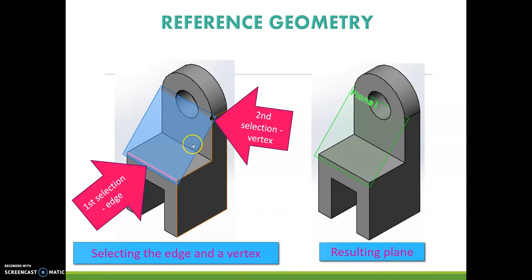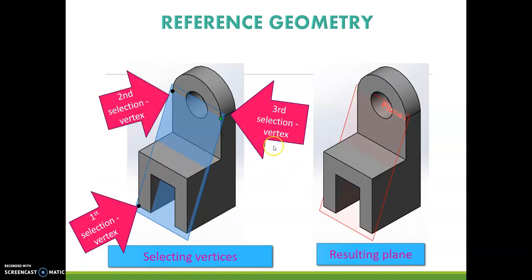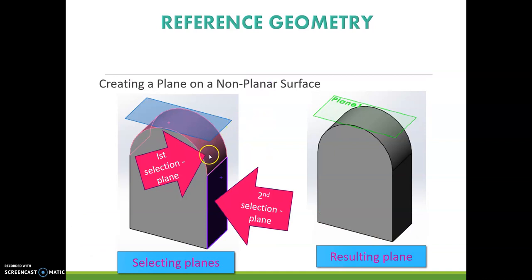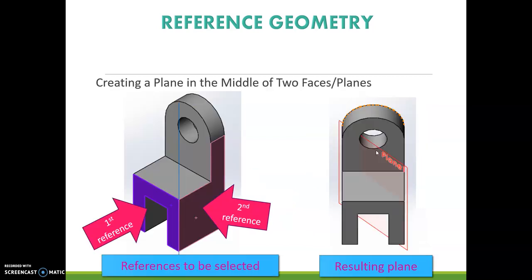And then you can also select the edges, so you can create the plane that is slanting. You can also create it by selecting the vertex. And then you can also create the plane when you select the arc, and you will be able to create the plane on top of the arc.